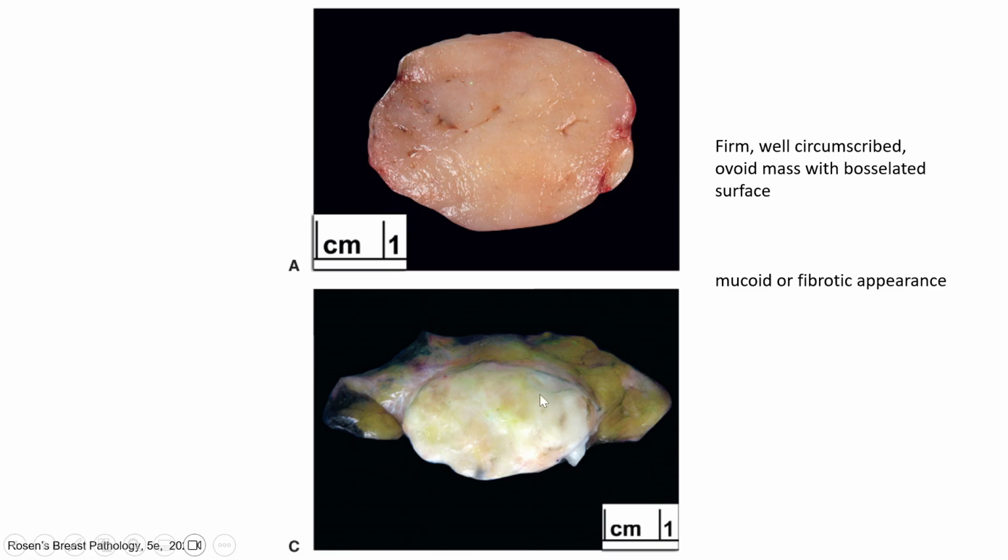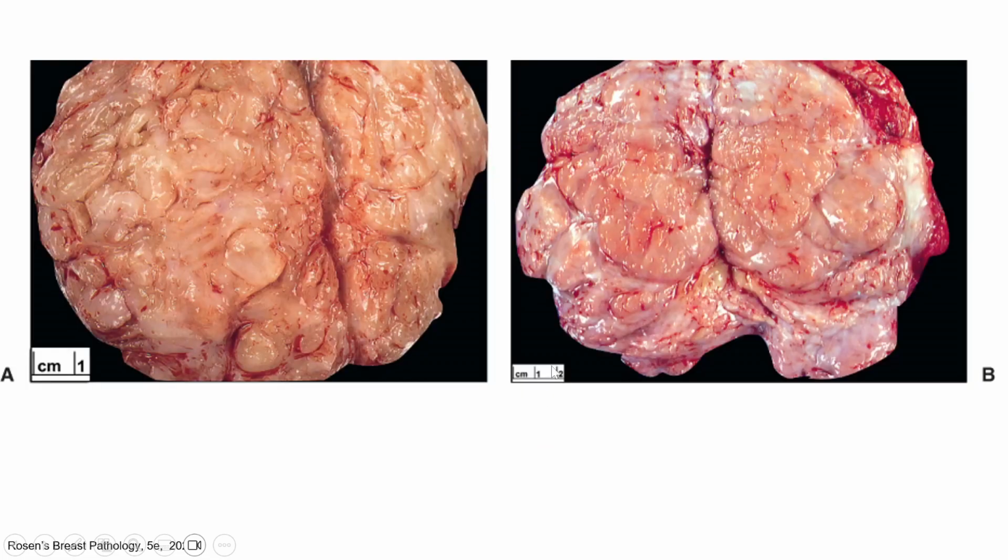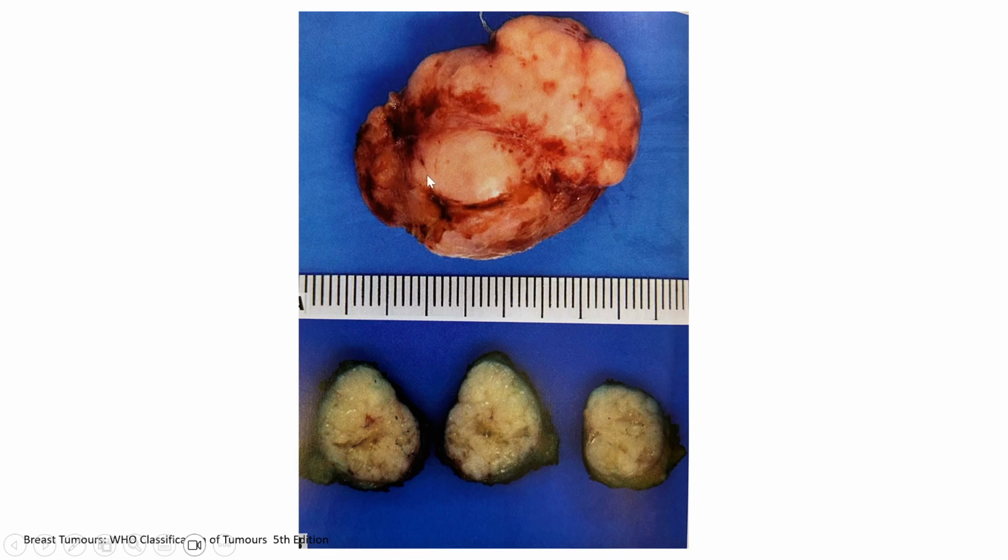This also shows fibrotic and mucoid appearance. This also shows multinodulated but well-demarcated, fibrotic cut surface. There's another one, and we can see this multilobulated but well-demarcated mass.